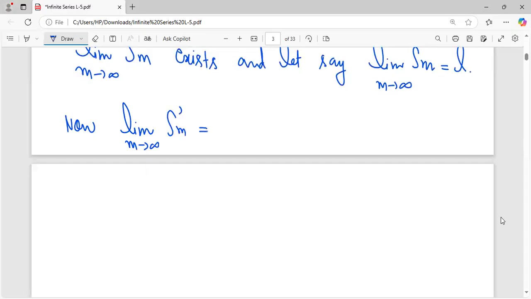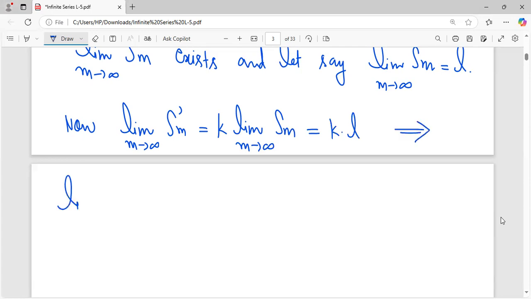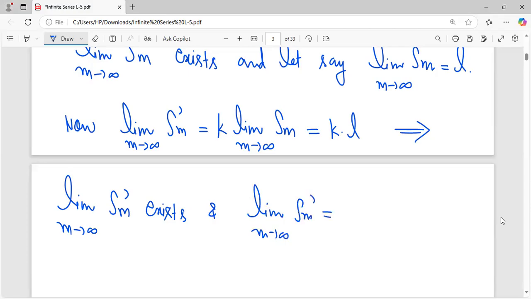This will be k times the limit of m tending to infinity Sm, that is k times L. So this implies the limit of m tending to infinity Sm dash exists and is nothing but k times L.